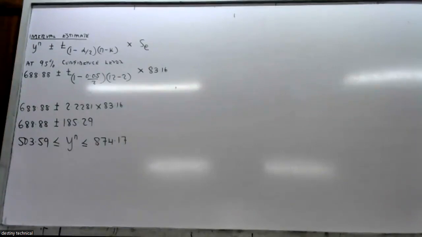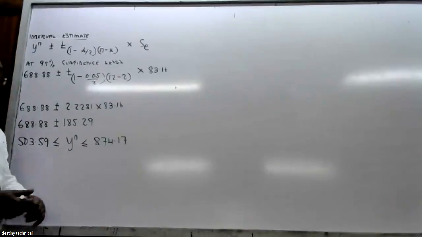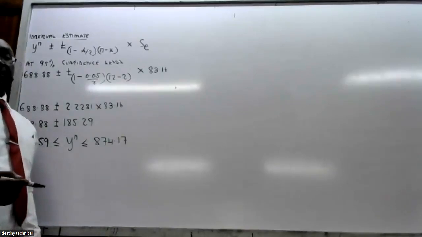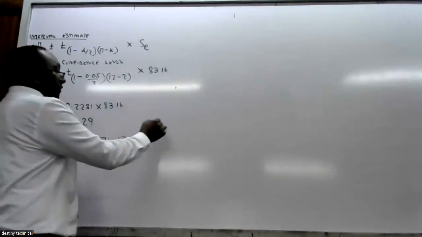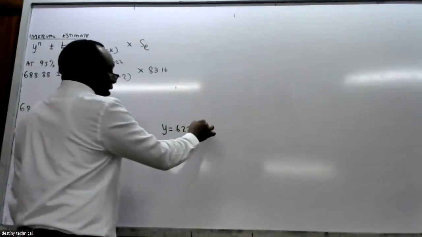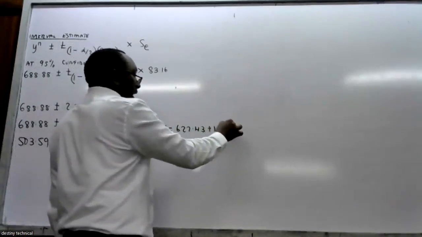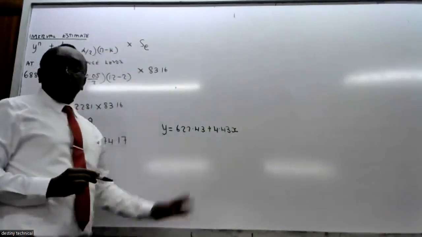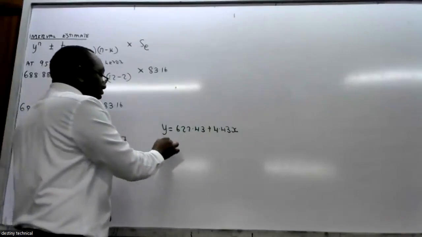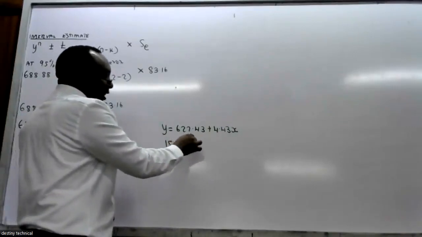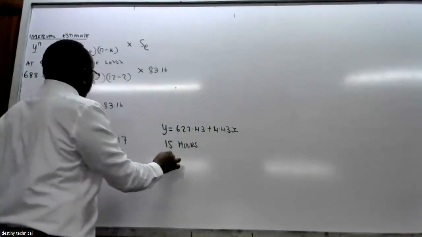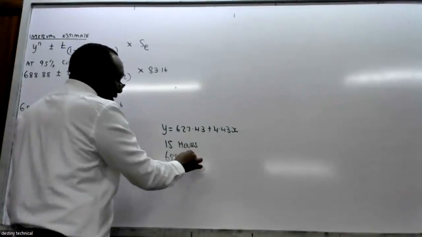I'm through. Good. Now, just to interpret again, or to take you through again: we are using a function that was derived as 622.43 plus 4.43x. That is the equation we began with. When we are told that our machine will use 15 hours, then we expect the electricity cost to be 688.88.